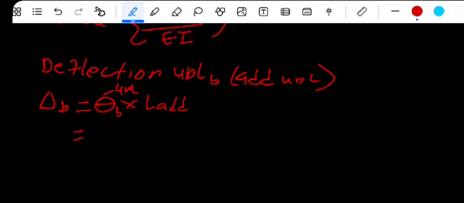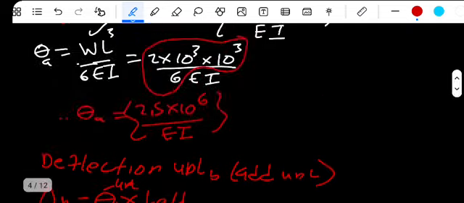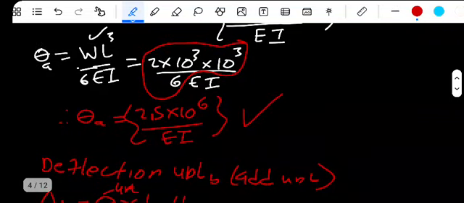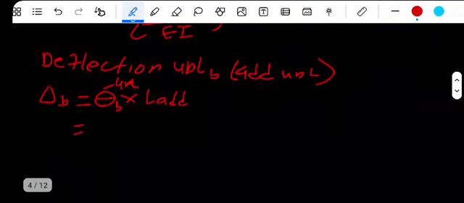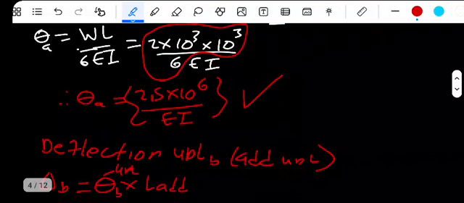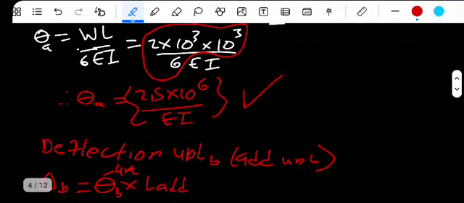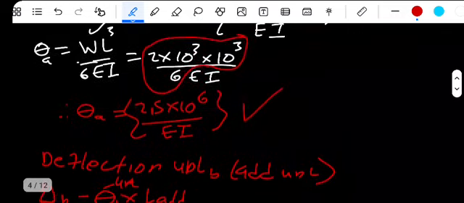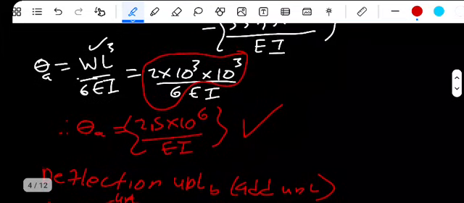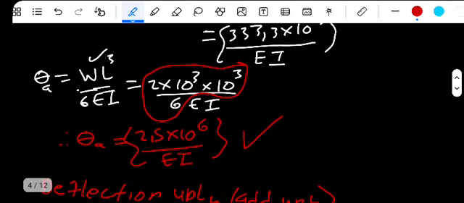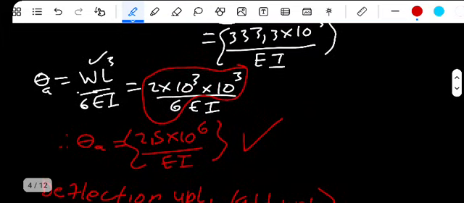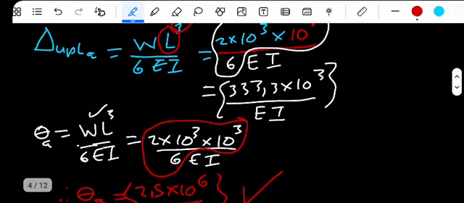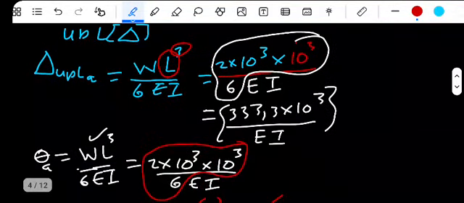So the slope of the UDL, I think we did calculate the slope. Here it's our slope, isn't it? It's for the UDL, even though it's at point B. You cannot just calculate any one. Let me see.